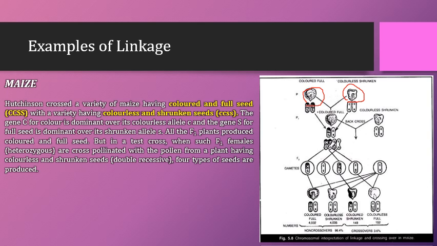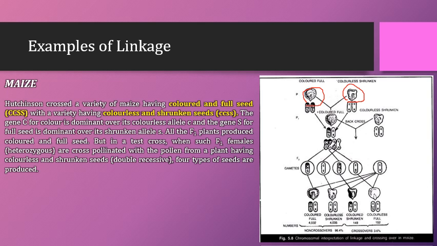The gene C for color is dominant over the colorless allele, capital C is dominant over small c, and the gene S for full seed is dominant over its shrunken allele, that is capital S is dominant over small s.